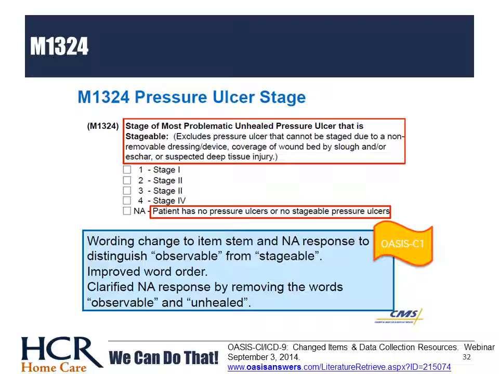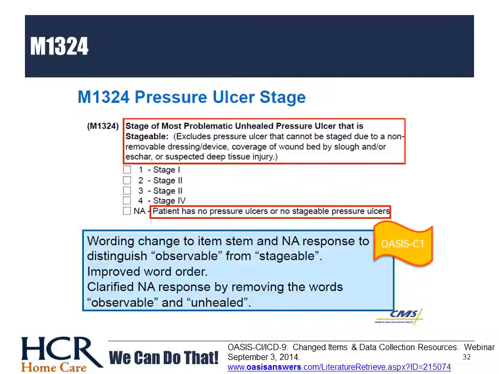So we are talking about stage 1, 2, 3, or 4. So the stage of the most problematic, so you need to use some clinical judgment as to what you think is the most problematic pressure ulcer. And then we are looking for the most problematic unhealed pressure ulcer that is stageable.